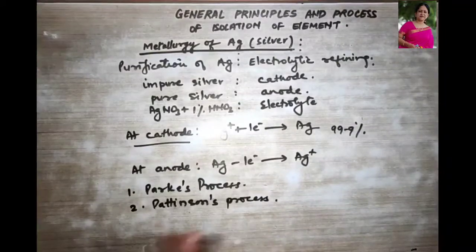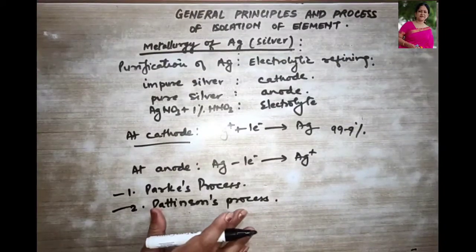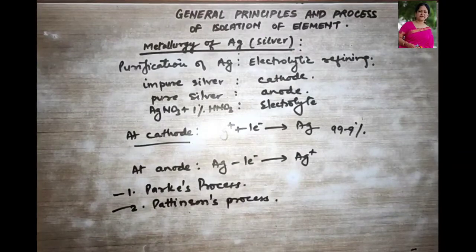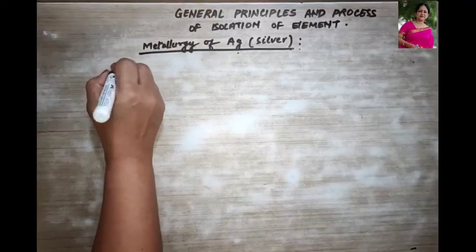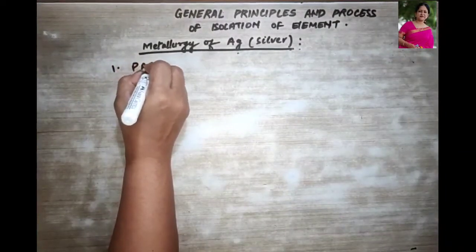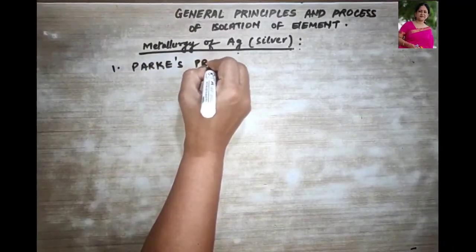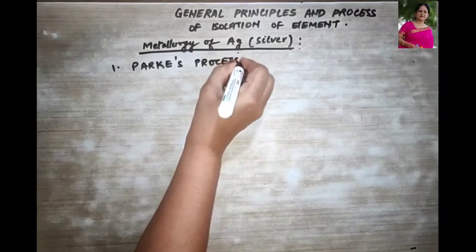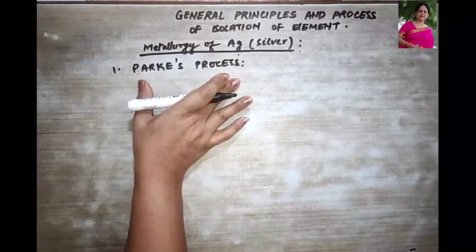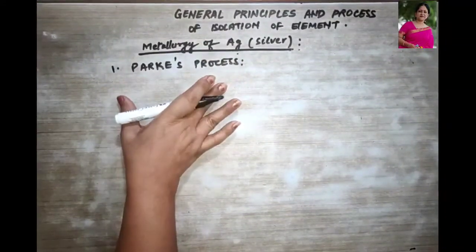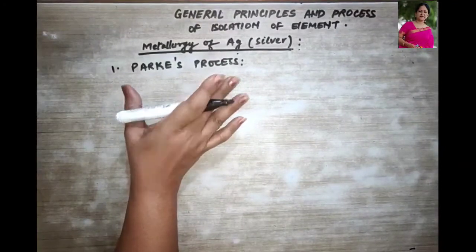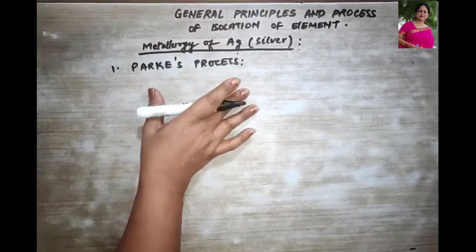Okay, so quickly we will go through these two because they are not very difficult to understand. So let us do firstly the Parkes process, right? Quickly I'll tell you over here that molten lead and zinc are nearly immiscible with one another, right?